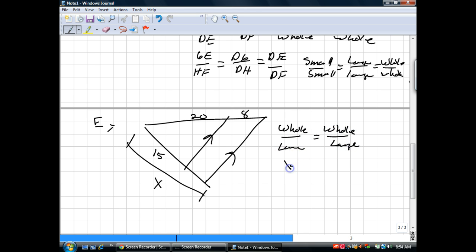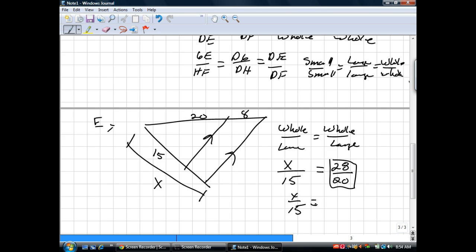So it's going to be x is to 15 as 28 is to 20. And again, this isn't the only way it can be set up. It can be set up many different ways.